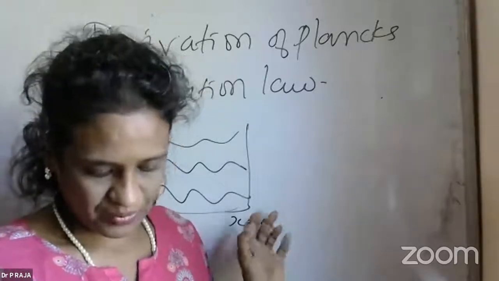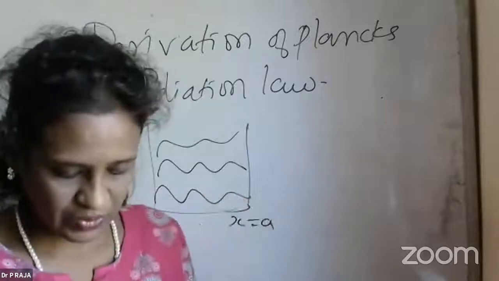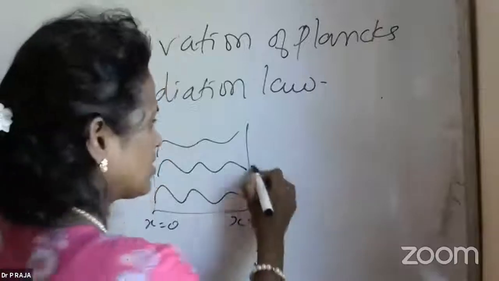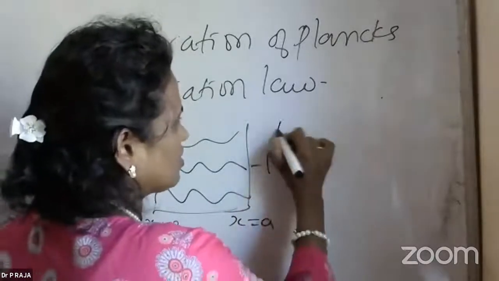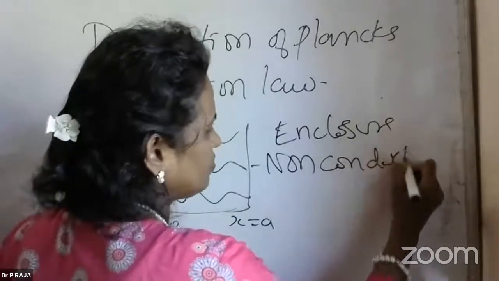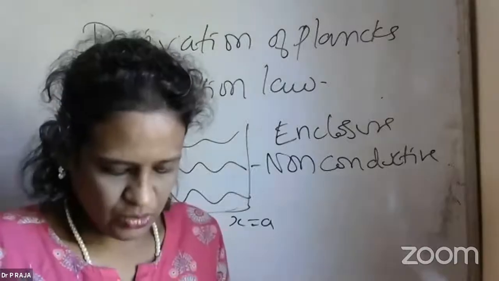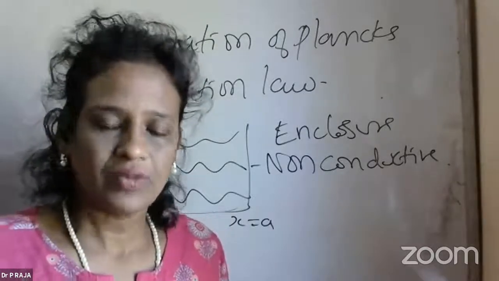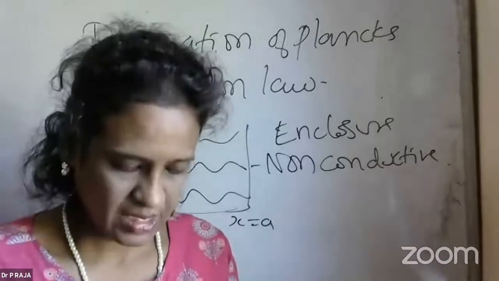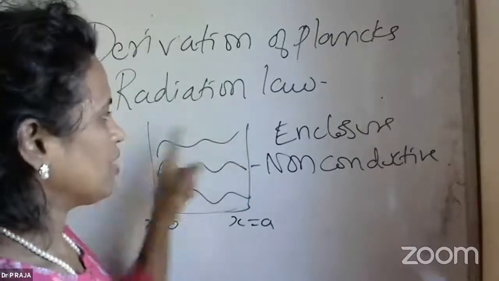Like the previous one, let's assume that the walls are non-conductive and the enclosure is a non-conductive enclosure. You know that when the waves are traveling, they will undergo multiple reflections from the walls, isn't it? They not only travel but also get reflected from the walls.